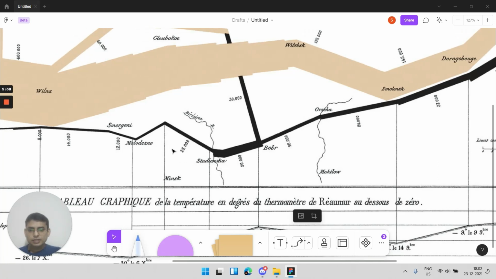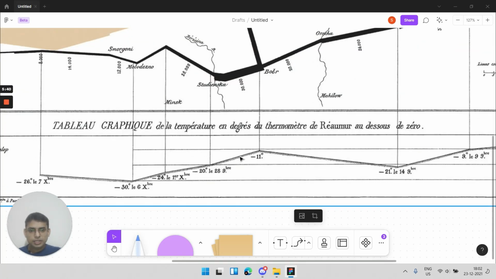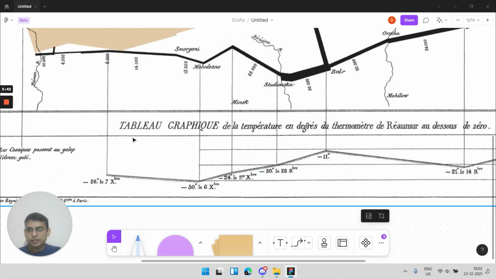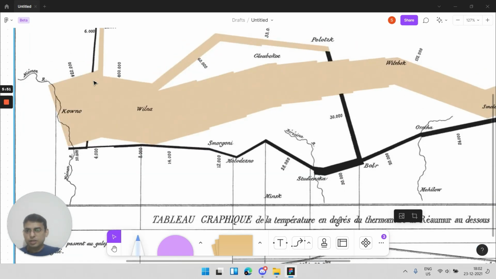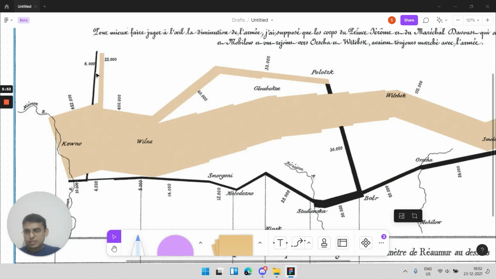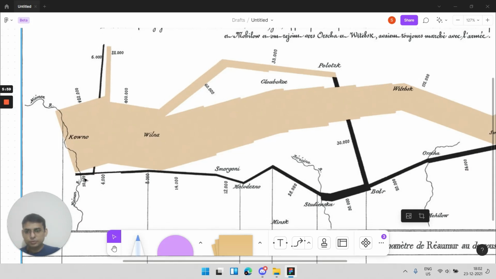And as they move forward, temperatures are getting even worse, and by the time they actually come back out of Russia, it's the worst possible temperature. You see that the troops have become so small. Luckily, of these 22,000, probably some of them came back and joined, so you're left with 10,000 troops.